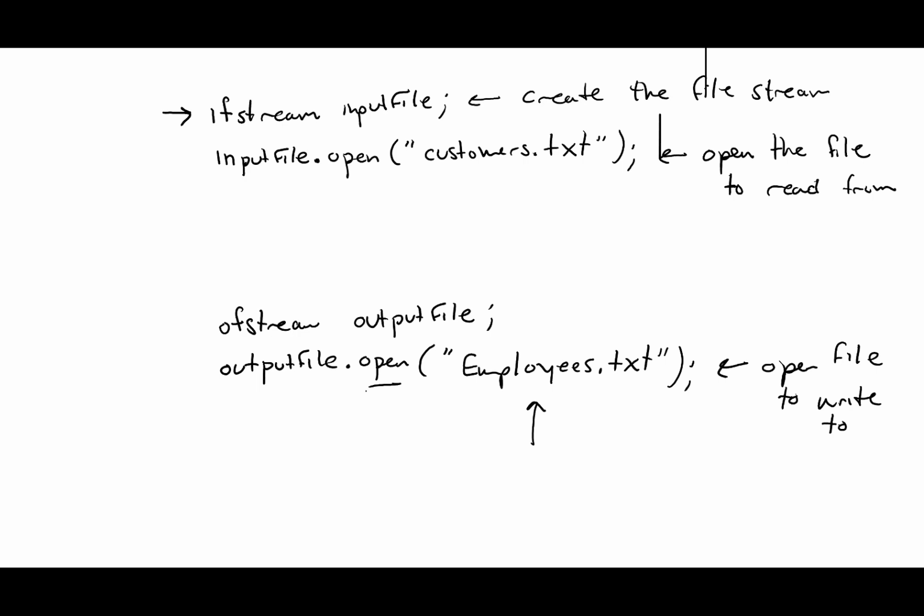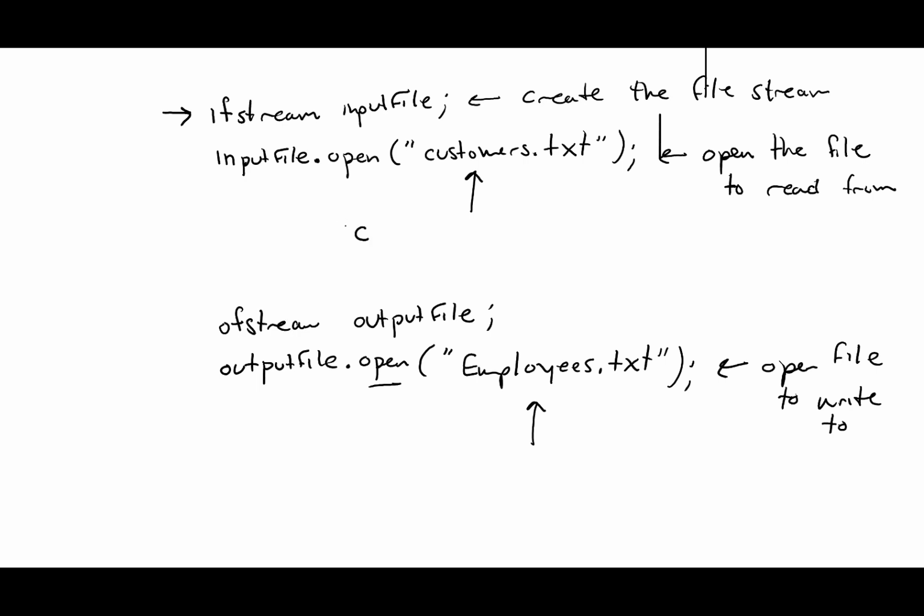So you want to be careful with that when you're doing the output files. Another thing I want to mention is, let's say that we're doing this input file, and the way I have this here, where I just have the name of the file, this is assuming that the file is in your working directory. If the file isn't in your working directory, you can give it a path, but you need to do it like this.